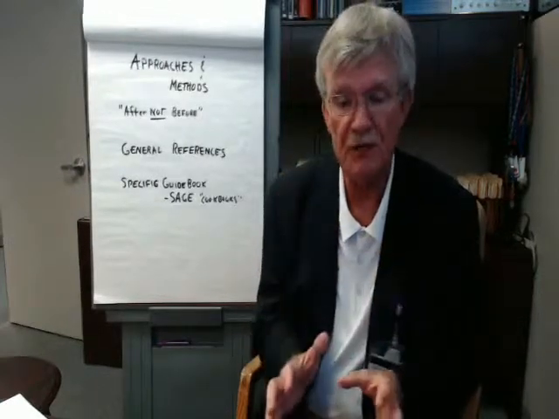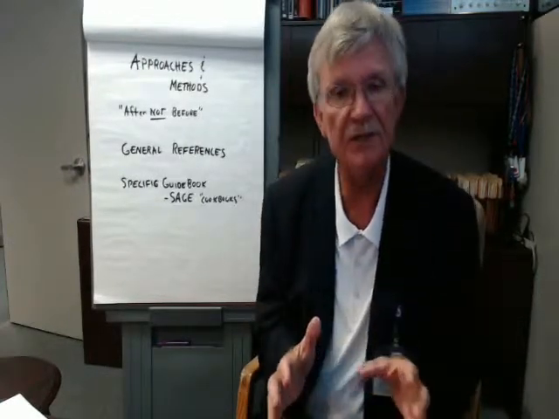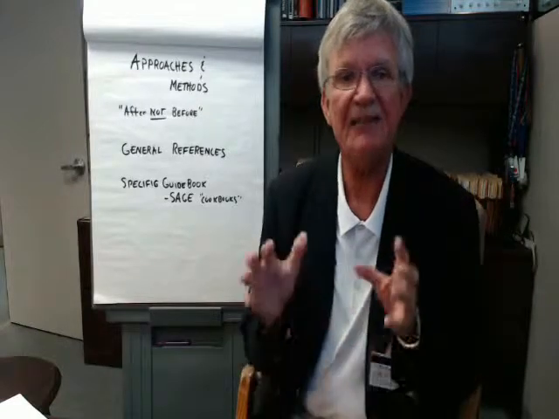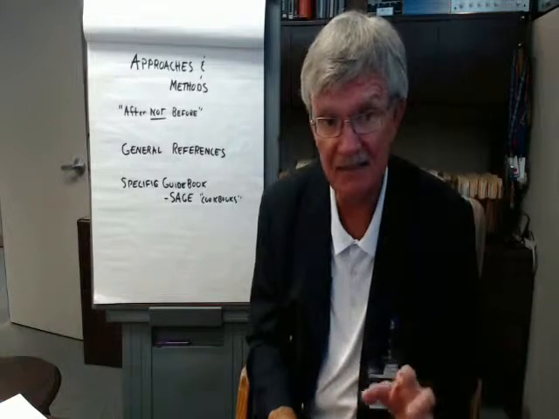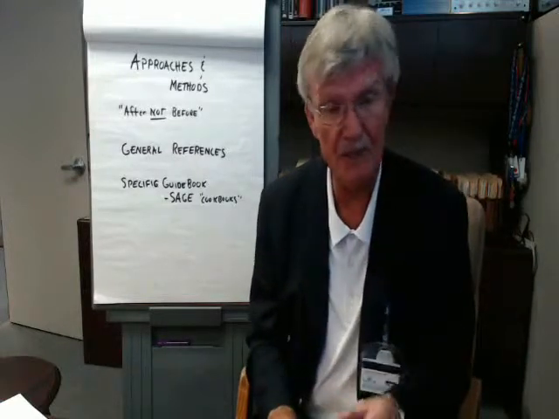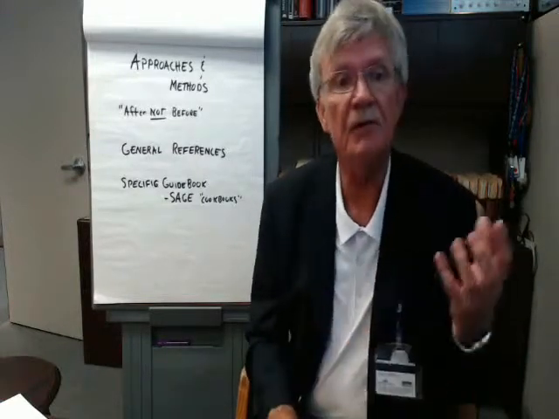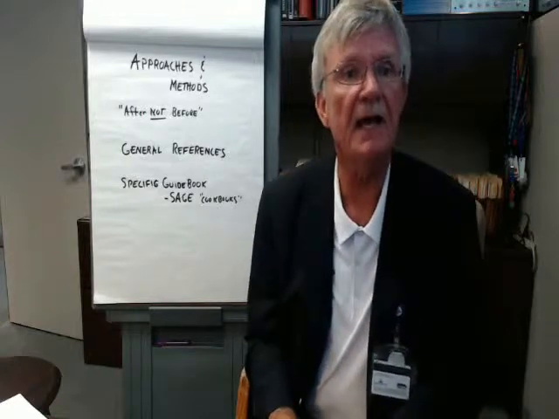In other words, we should identify clearly what it is we're interested in studying and then choose the most appropriate method to allow us to scientifically investigate that situation, that phenomena, whatever it is that we're investigating and beginning to look at.